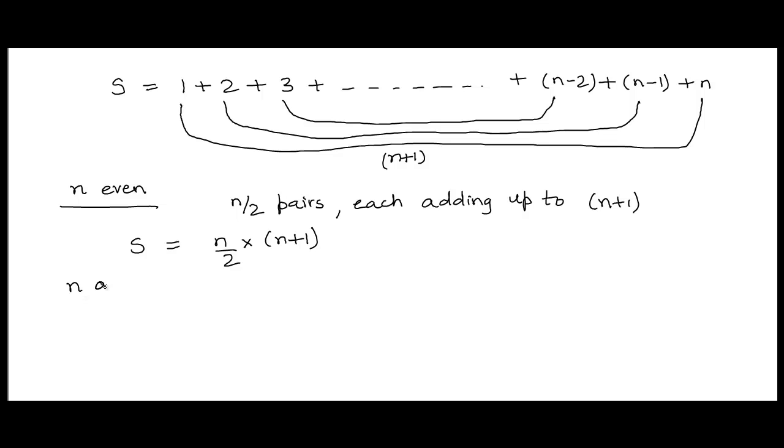But what if n is odd? If n is odd, then we won't be able to pair up all the numbers, because there would be a number in the middle which won't belong to any pair.